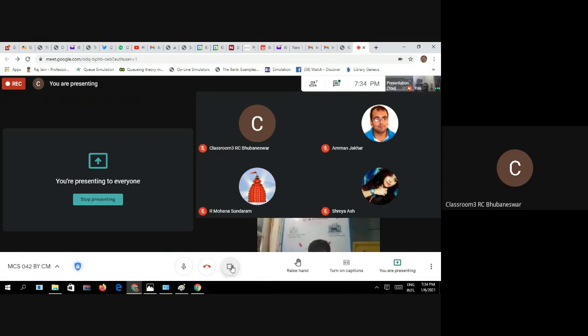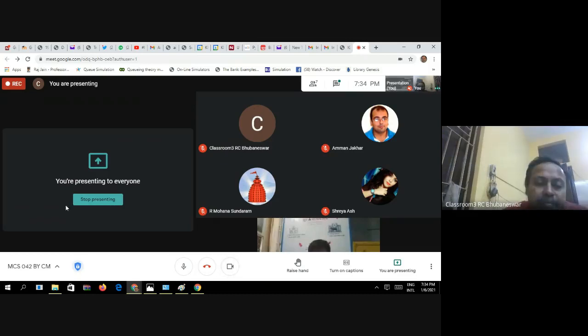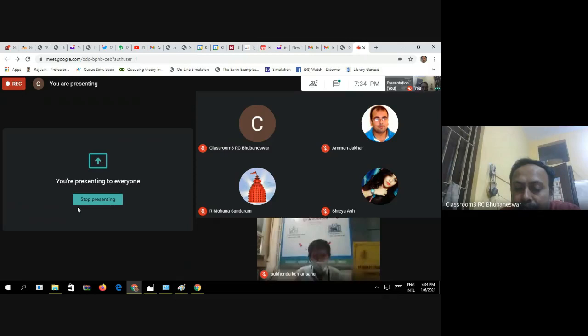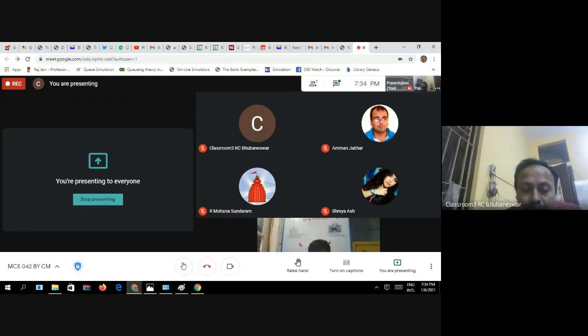Is it fine? इतना तक सबको समझ में आया है? Star topology, mesh topology, and already I have defined the ring topology. Okay?